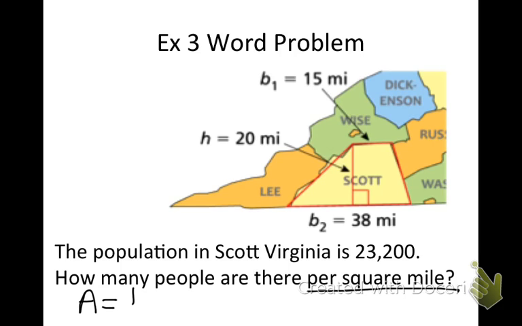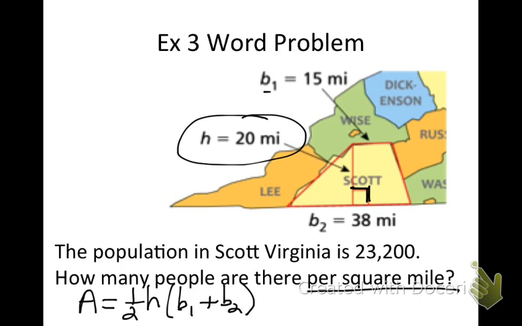Area equals 1/2 height, base 1 plus base 2. I look at my trapezoid and I see this lovely right angle, so that tells me that the 20 is the height. There's a base, there's another base. I am going to write those in and come up with my answer.